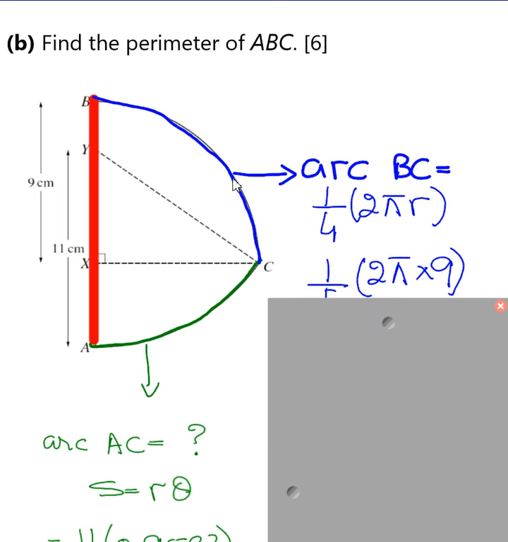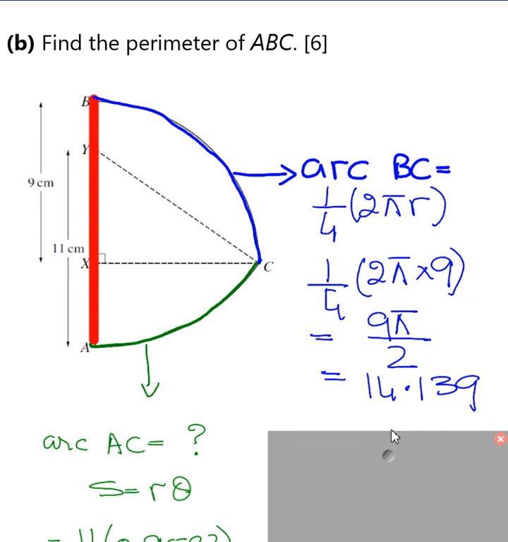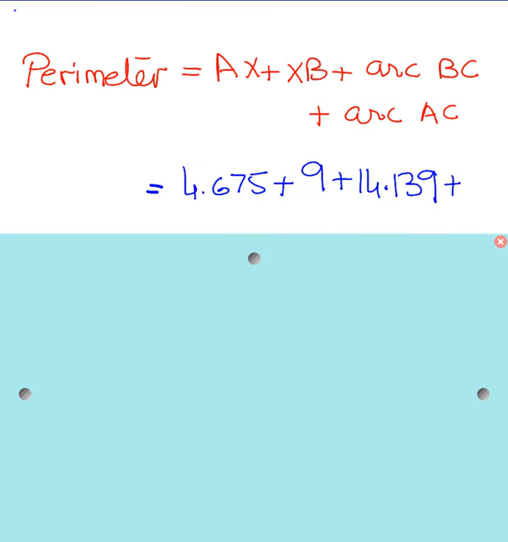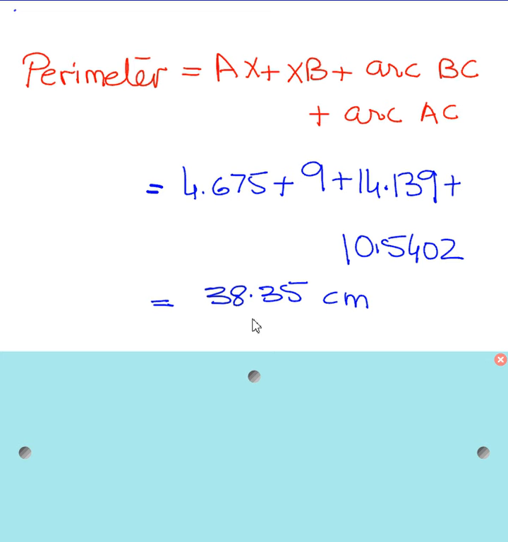And for this circle, the radius is 9. So simply substitute the values and get it. Now we will add up all these values, AX, XB, this arc length, and this arc length, to find the perimeter. So the answer is 38.35.